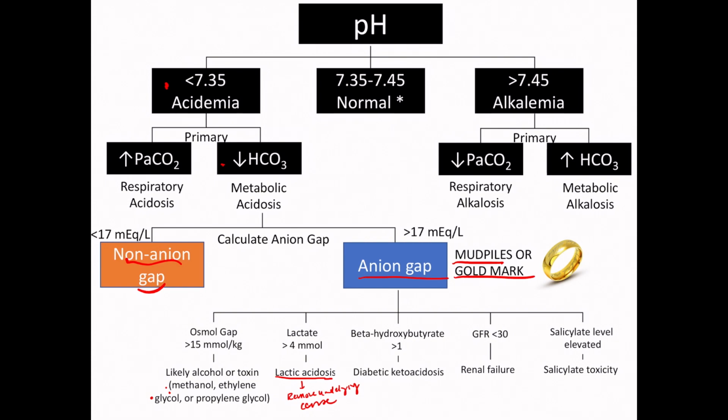If the GFR is less than 30, you should consider uremia due to renal failure. And then finally, if you have an elevated salicylate level, it's salicylate toxicity. All of these values, other than the osmolar gap, will be given to you on an exam.